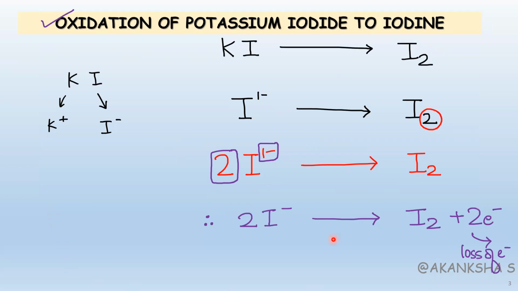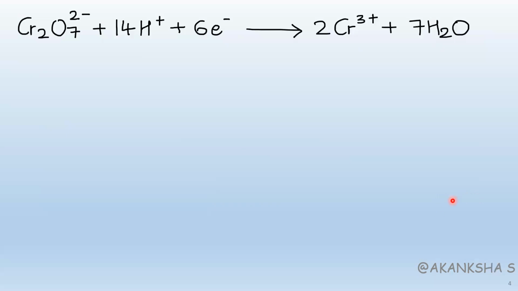We are going to use this equation with our general equation of potassium dichromate in acidic medium. So it's like a mathematical equation: you have equation number 1, you have equation number 2, you need to equate them, tally them, cancel anything that's common, and thereby you get your answer. If you notice carefully, in chemical reactions, we do not generally mention electrons in the final reaction.